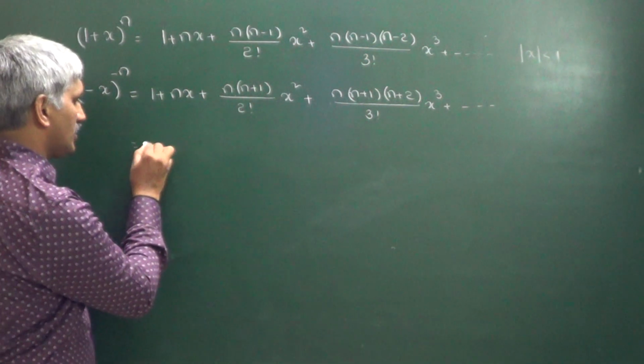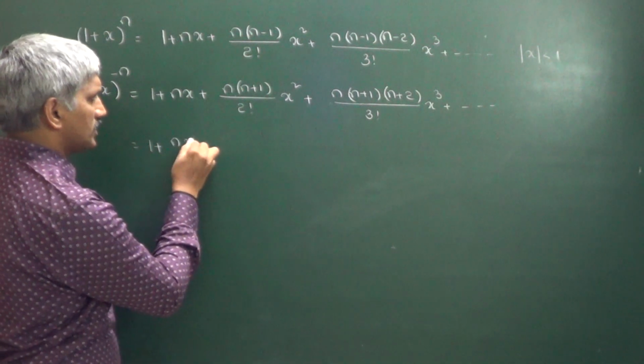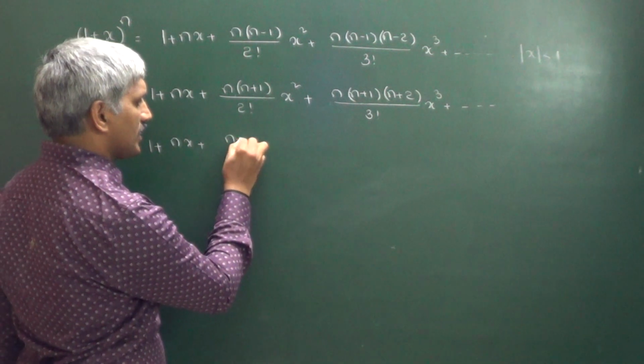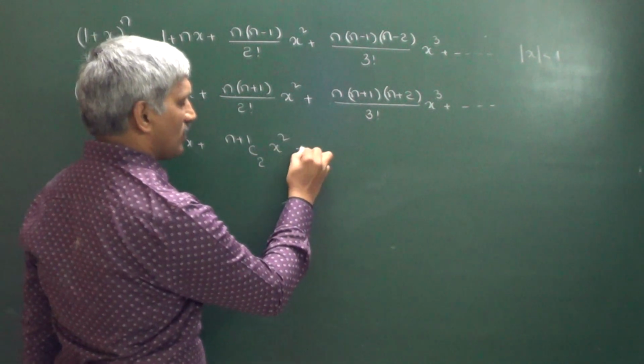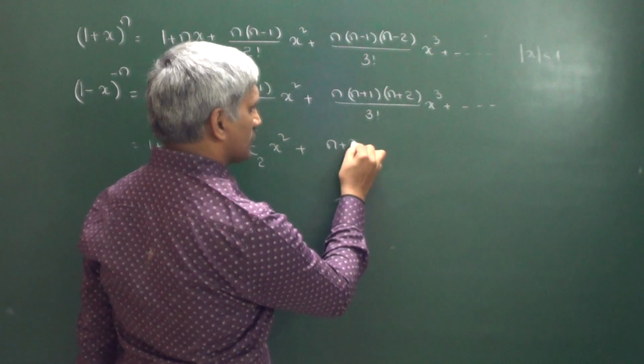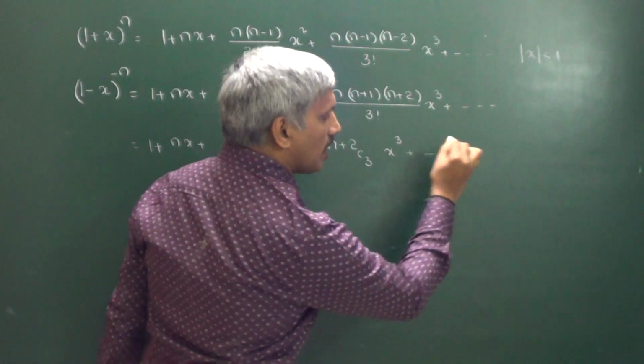Observe here, this can be written as 1 + nx, then (n+1)C2 x², and the next one we can write as (n+2)C3 x³ plus and so on.